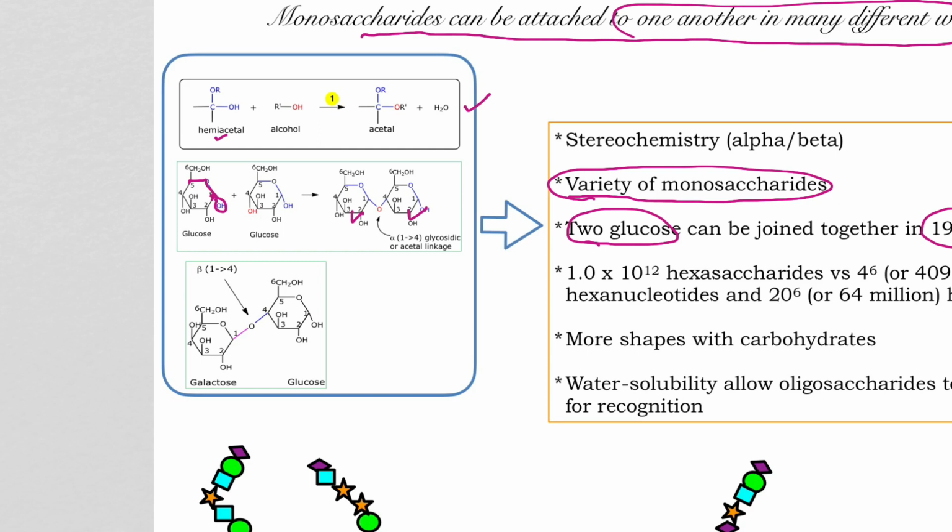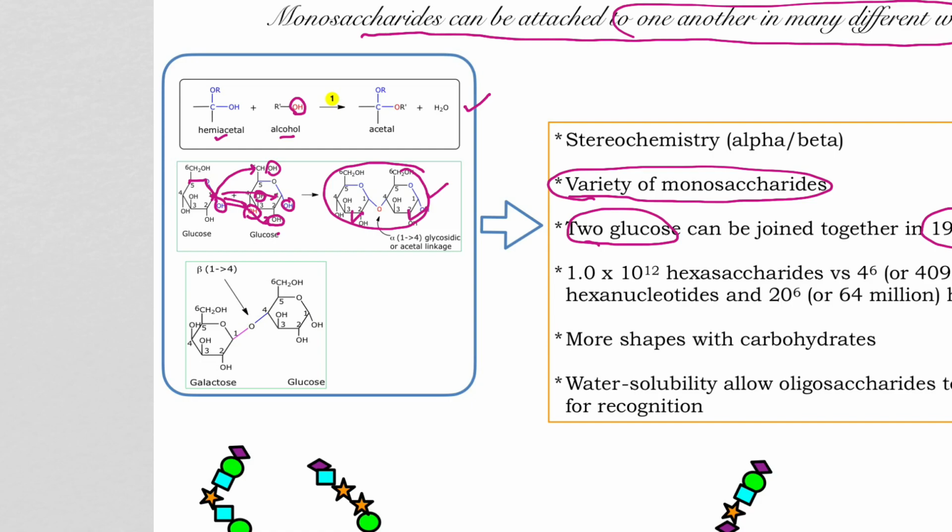This hemiacetal reacts with an alcohol of the other glucose, could be any alcohol, this OH, this OH. Alcohol is any carbon that has an OH. Basically this can react with any of these alcohols. So there are many different ways of joining these two monosaccharides together.